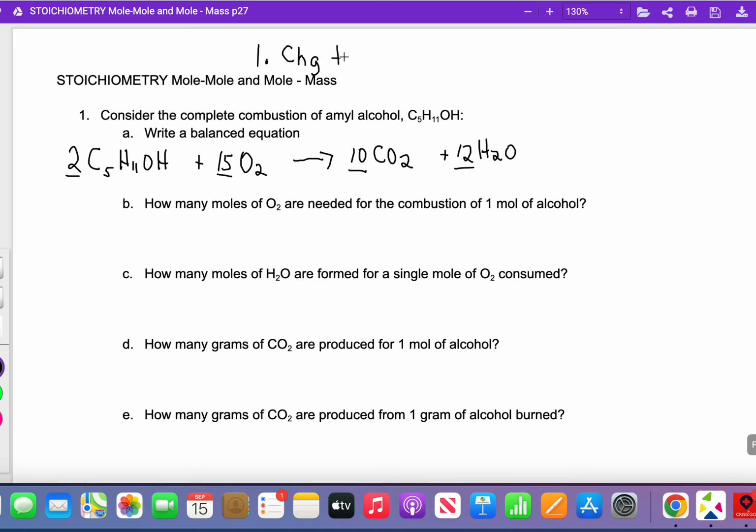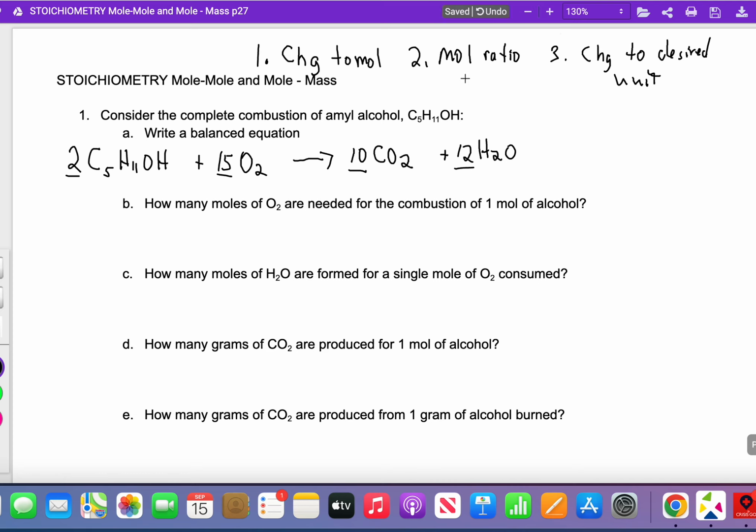Step 1, change to moles, unless it's already in moles, then skip that step. Step 2, mole ratio. And then step 3, change to the desired unit if you're not already in moles. You're always going to follow those 3 steps on every problem.